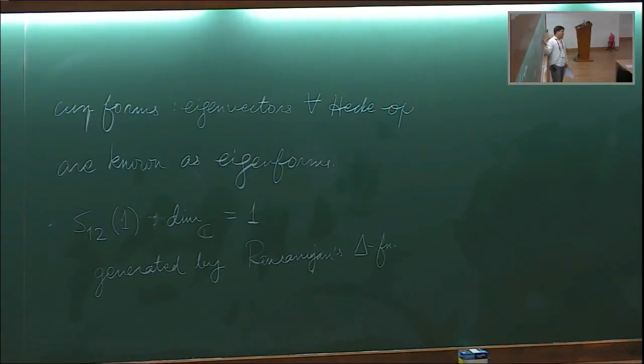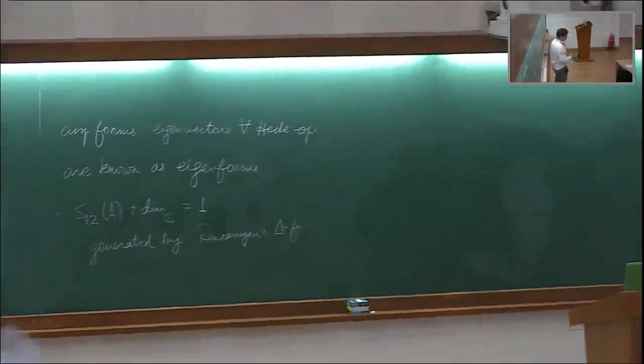cusp form of level n, okay, if you look close enough, then you find that actually it's coming from its actual level. You can lower down the level to some number which is a divisor of n. If that doesn't happen, you call this cusp form, eigenform, a new form.